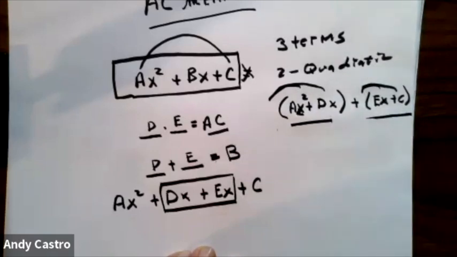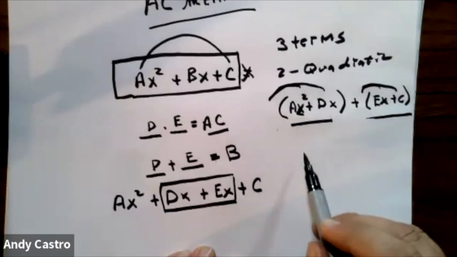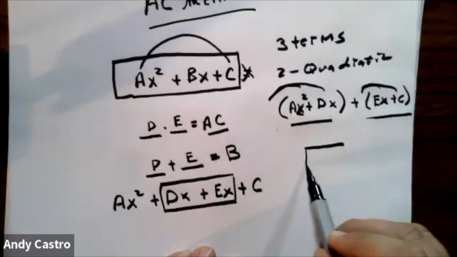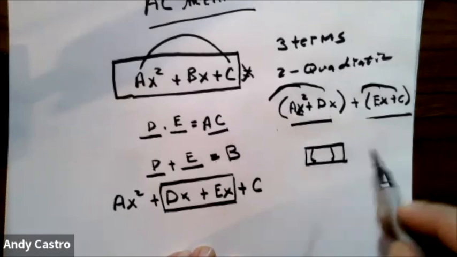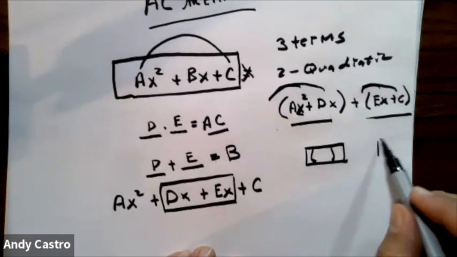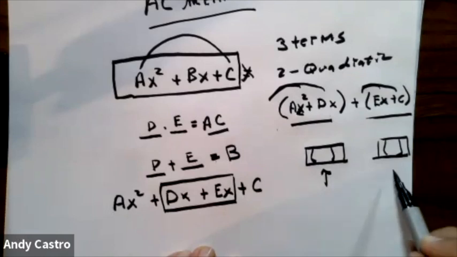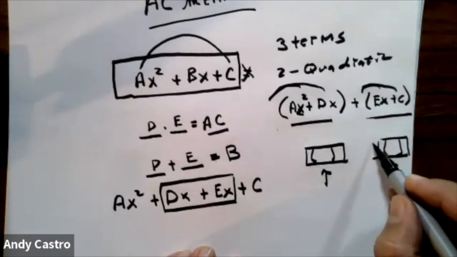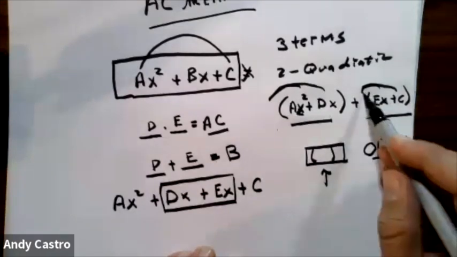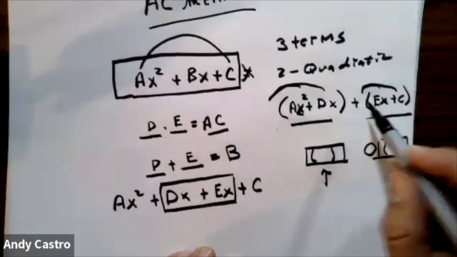And what you'll notice is that you're left with equivalent bracketed expressions. And you'll have some sort of coefficient out here of things that were common that you took out.